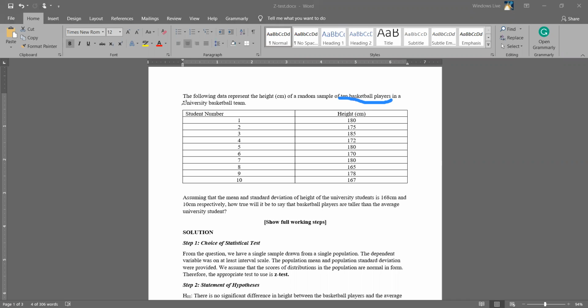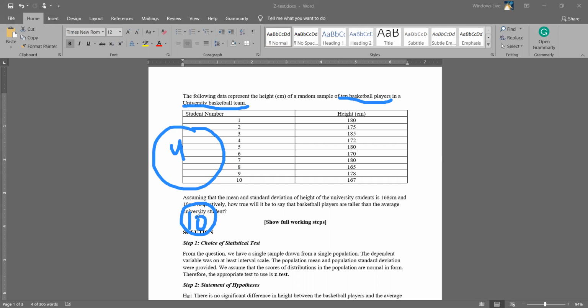These basketball players have been sampled from the university, so the university students are the population. We have a population consisting of university students, and out of this, we've taken only 10 basketball players, who will be the sample.